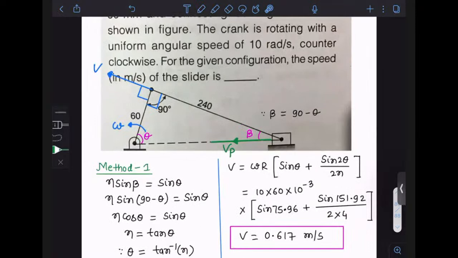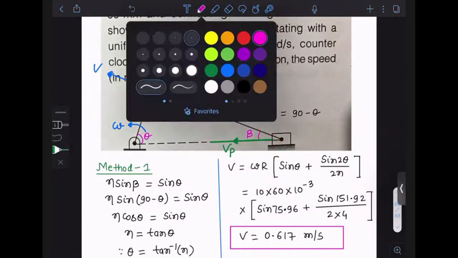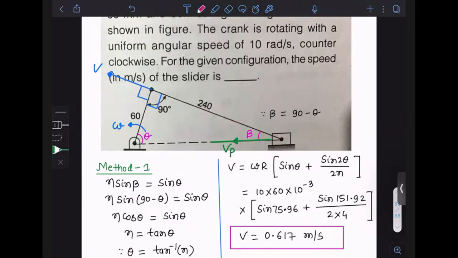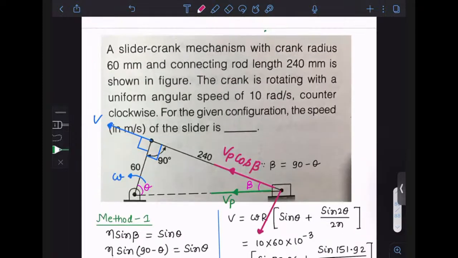Okay, so always remember, when you are going to break its component in this direction as well as perpendicular to this, the VP component in this direction will be equal to VP cos beta, and it is equivalent to V. So I hope this discussion is clear.